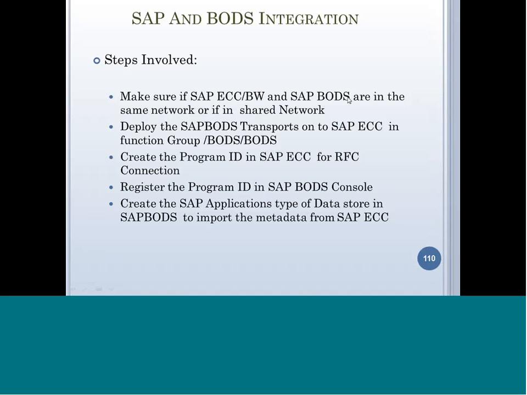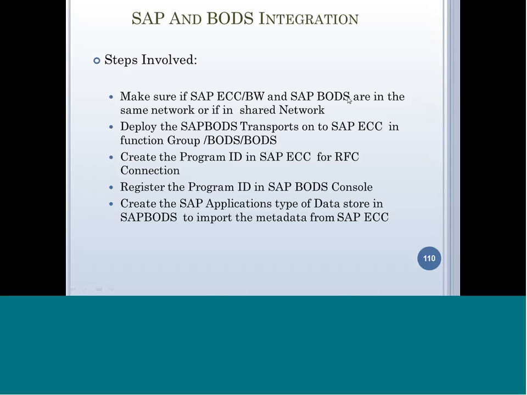Before proceeding with the extraction from an SAP ECC system, we have to make sure that the ship transports that come with the installation of SAP BODS are deployed onto the SAP ECC system. That part has to be taken care of.